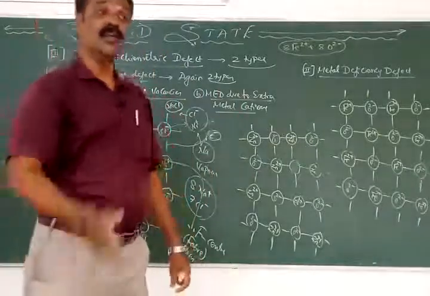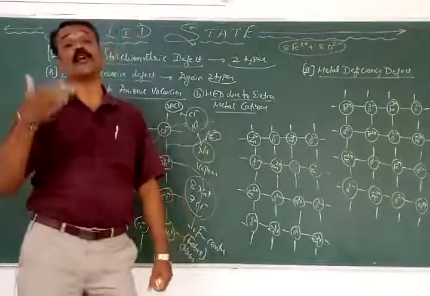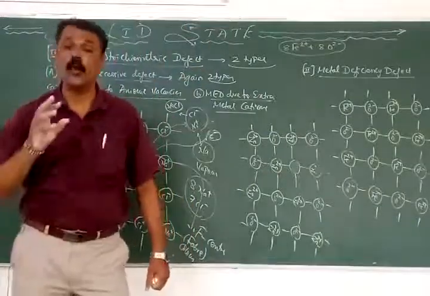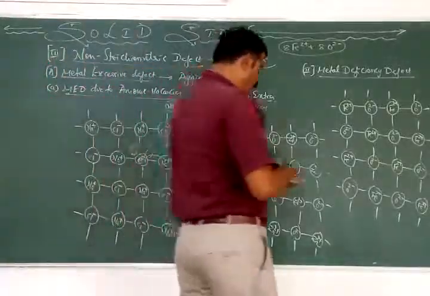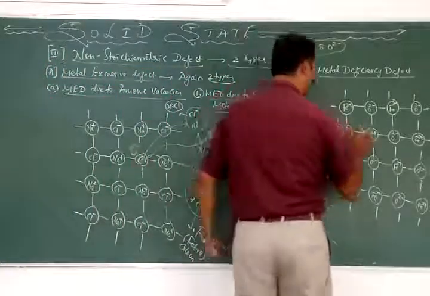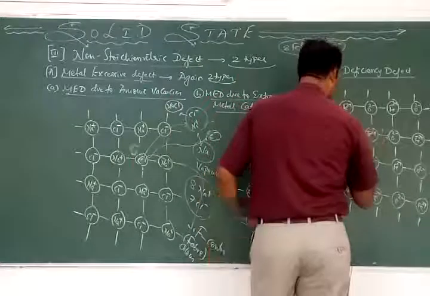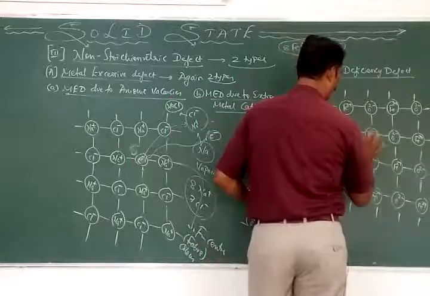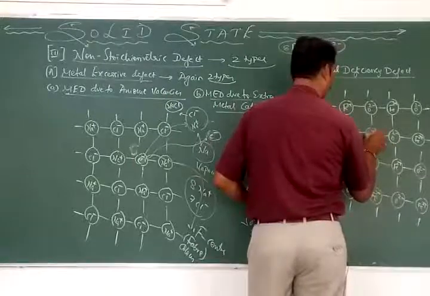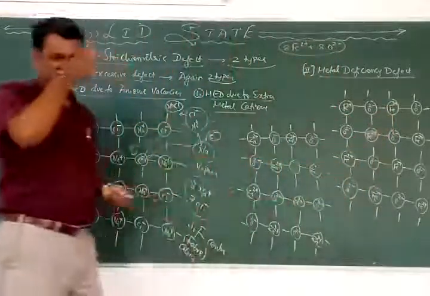So usually, without heating, when ferrous oxide gets exposed to air, it slowly converts to which one? Ferric. So this is converted to Fe3+ by oxidation.